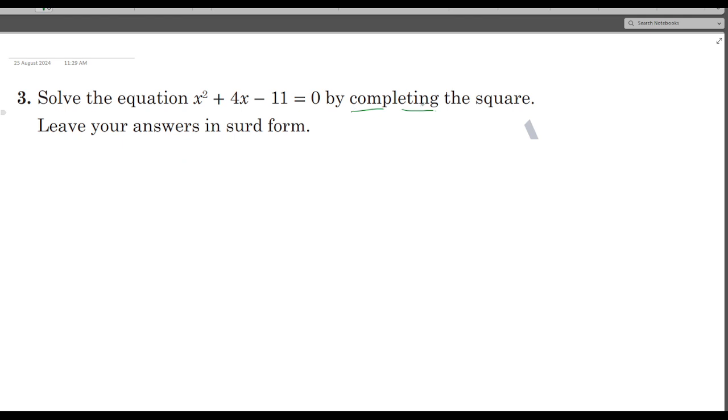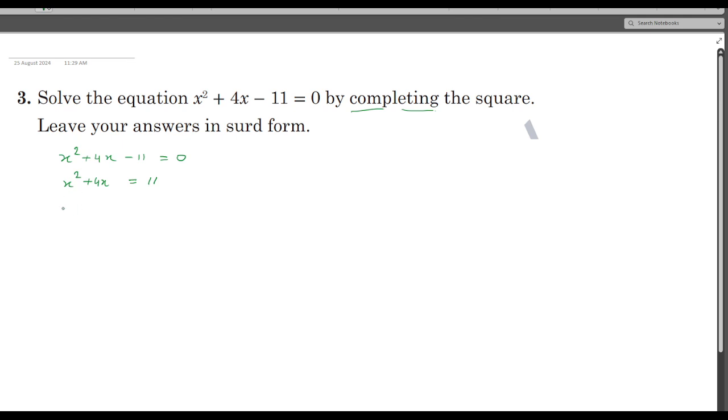Here they are specifying that solve this by the completing the square method. So x square plus 4x minus 11 is equal to 0. Now in completing the square, let us write x square plus 4x on the left side, and this minus 11 let us move to the right side.